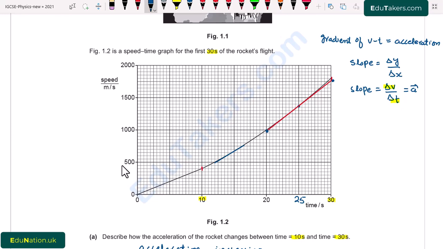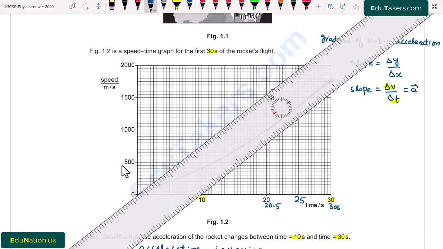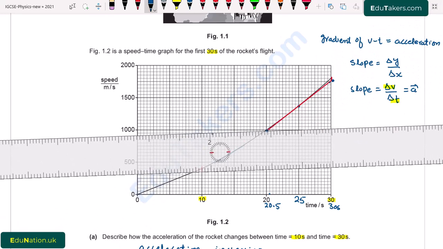So this time is basically at 20.5. So I write here 20.5, and this time is at 30 seconds. We have found the time on the x-axis. We also have to find their corresponding speed values. So I just use the ruler and draw the lines.